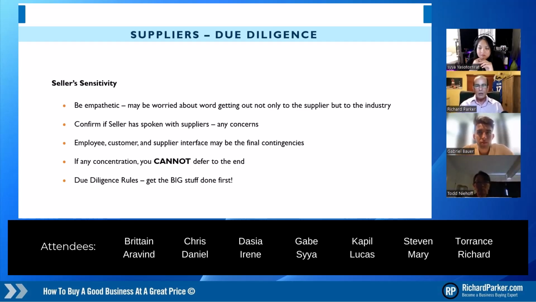In other words, you list out the contingencies that the lease has to transfer and a verification of the numbers, but oftentimes you have to add in here, depending on the scenario, speaking with the employees, speaking with the suppliers, and speaking with certain customers, if they represent a significant part of the business.